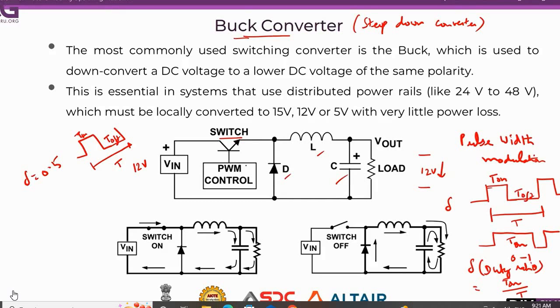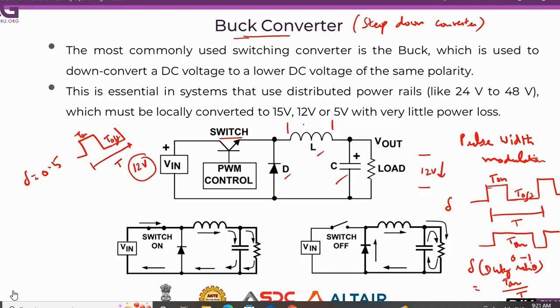Now we will see the working of the buck converter. If we give the input voltage as 12 volts here, the output will be less than 12 volts. As we already saw, voltage is reduced because there will be a voltage drop across the inductor.